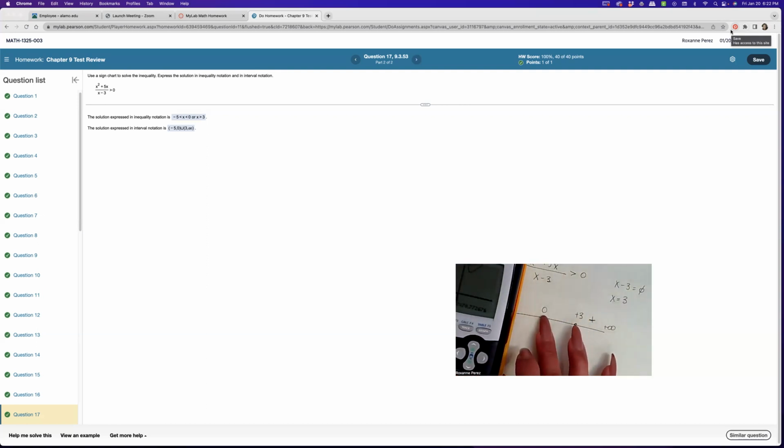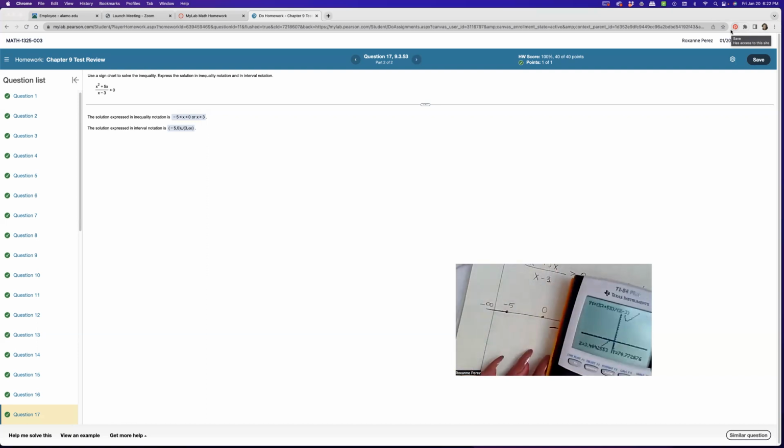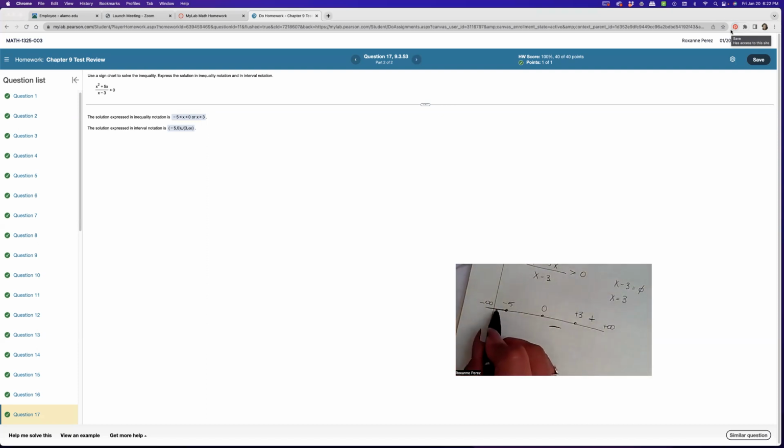So from this part of our domain, 0 to 3, our y values were negative. Okay, and then let's trace and go further back this way. So everything from -5 going to negative infinity, those y values are also negative.